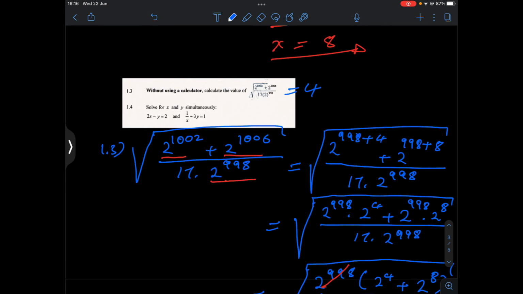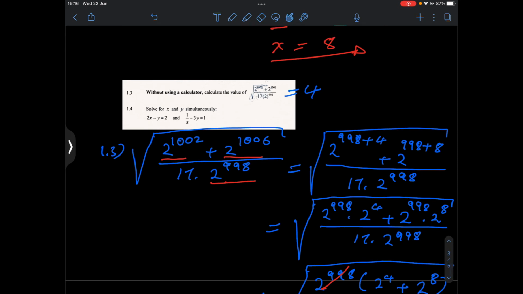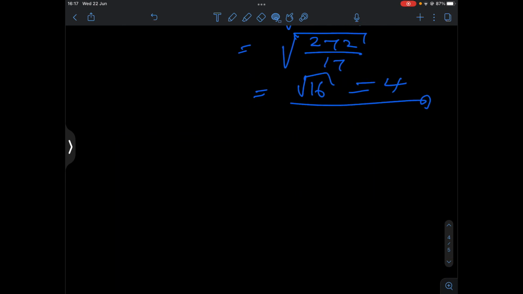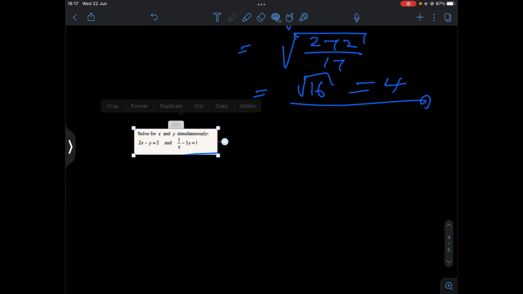And the last question, the simultaneous equation here. So this one, the simultaneous equation 1.4. So for x and y simultaneously, let us see if we can quickly solve this one.